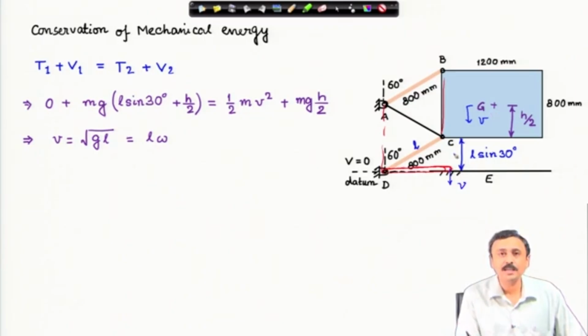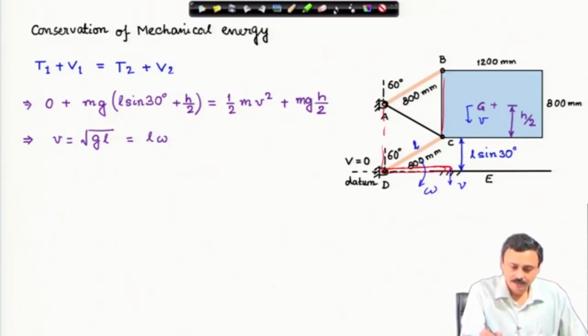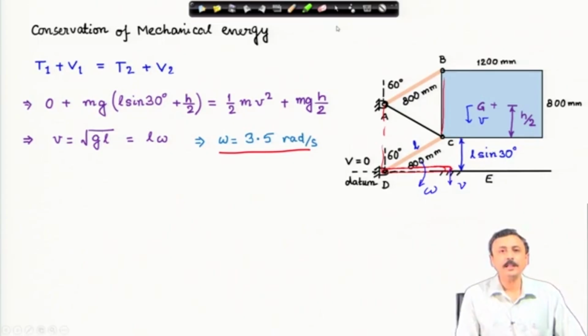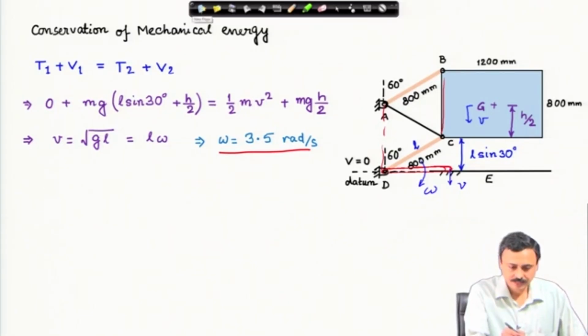Therefore, this point C has the same velocity as G, which is v, and this v must be this length times omega. And if you calculate omega from here by plugging in the values that are provided, you will get omega as 3.5 radian per second. That is about determination of omega.